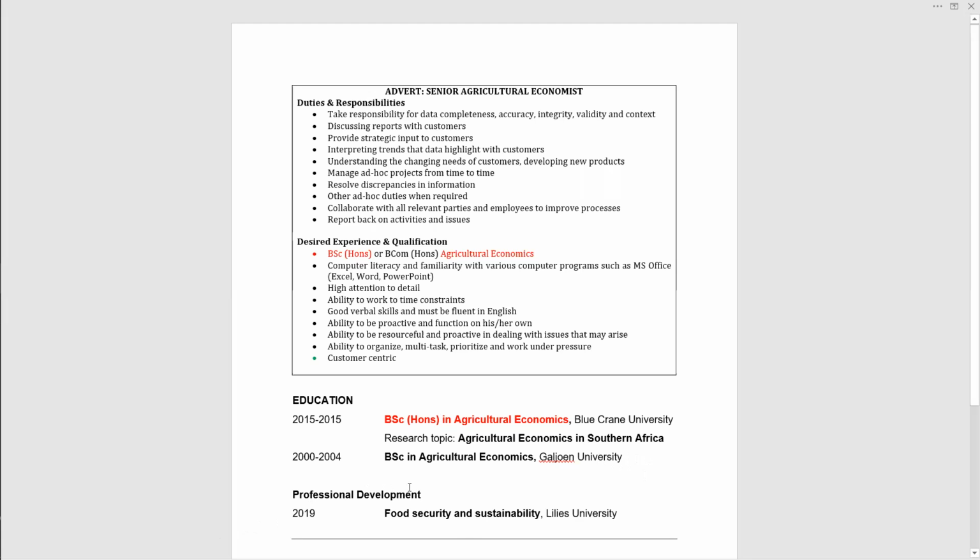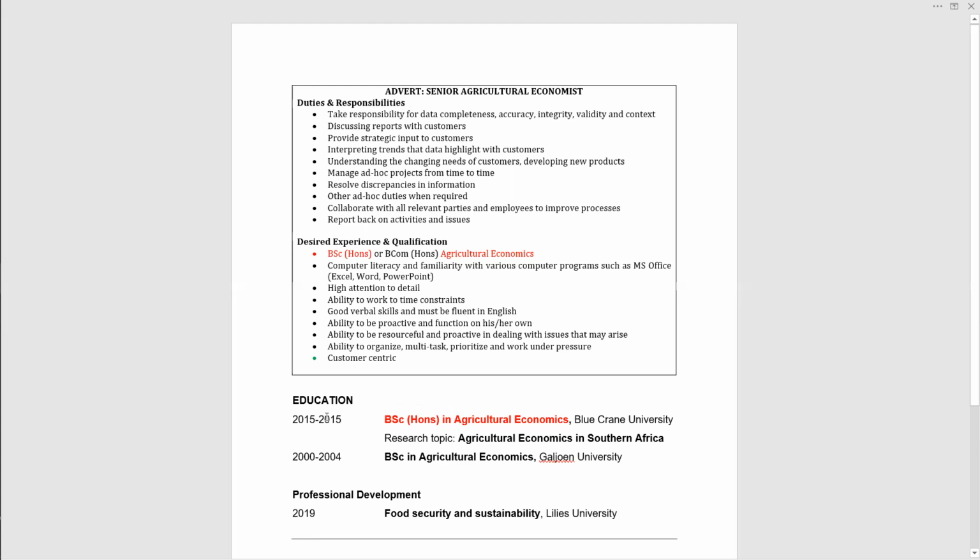And also, if you have any non-academic or short courses that you did that relate to the job that you are applying for, then you can list them under professional development. As you can see here, 2019, food security and sustainability. You can also list your research topic if you did any in your BSc, in your master's, in your PhD.